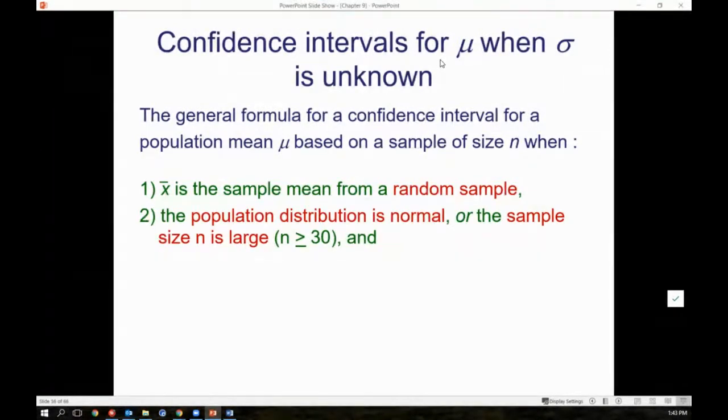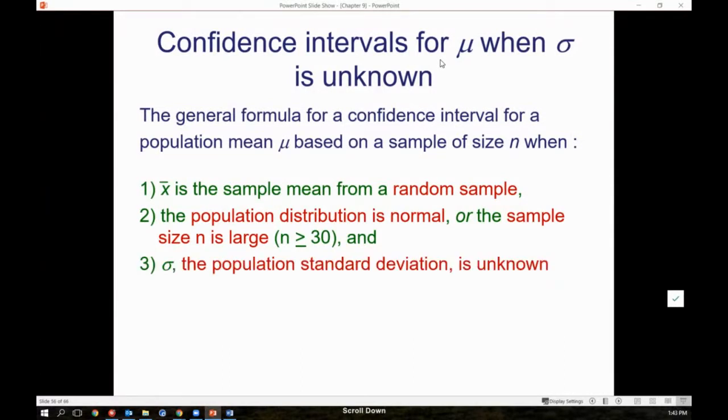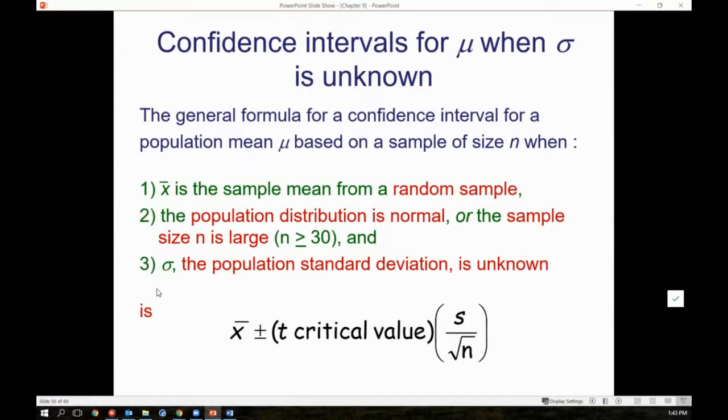The population distribution has to be normal, or the sample size n must be large. And the population standard deviation is unknown. So these are our 3 conditions we must meet here. If we meet those, then we can find the confidence interval.